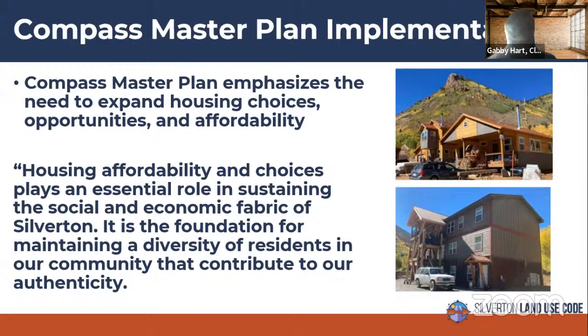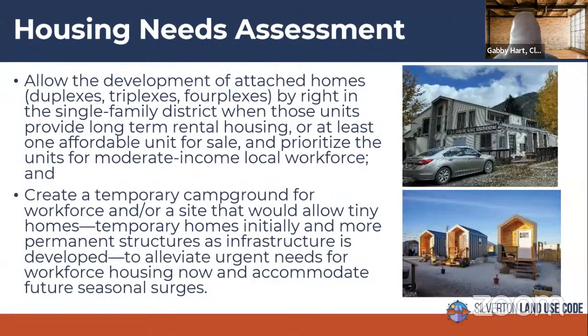Next slide, please. In addition to that Compass Master Plan document, the town has a housing needs assessment. In that assessment, there are several recommendations that directly relate to increasing housing within the land use regulations. First is to allow the development of attached homes, those duplexes, triplexes, and fourplexes that Clark had examples of, by right.